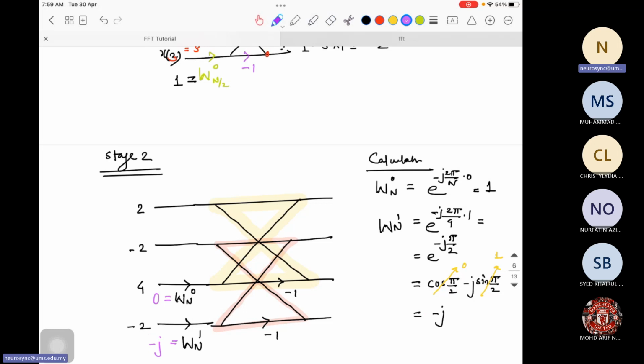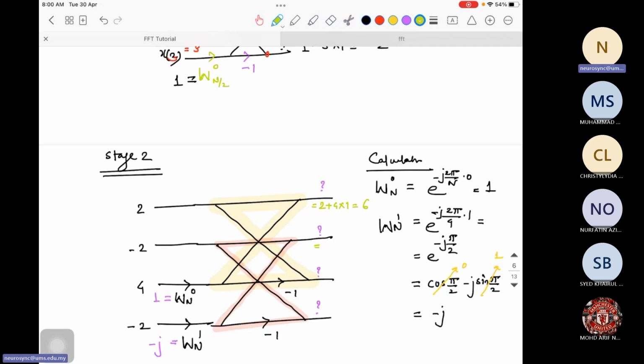Can you give me the values here? This is equal to 2. Oh, this is not 0, it is 1, no? How much is it? 2 plus 4 into 1, correct, which is equal to 6.